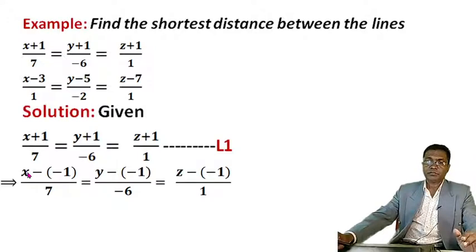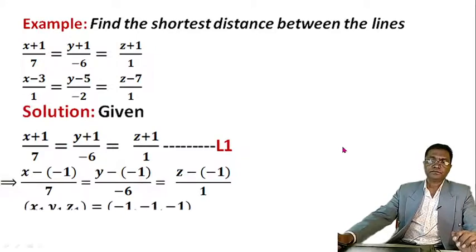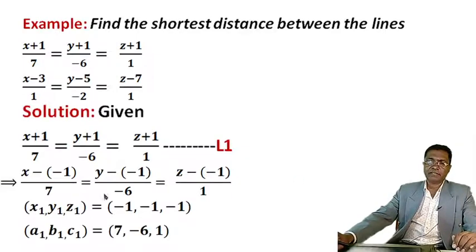So this is of the form x minus x1 by a1, y minus y1 by b1, and z minus z1 by c1. Okay, so here x1, y1, z1 are minus 1, minus 1, minus 1. So one can write directly from the given equation. These are the x1, y1, z1, and the denominators are a1, b1, c1, the direction ratios of this line.